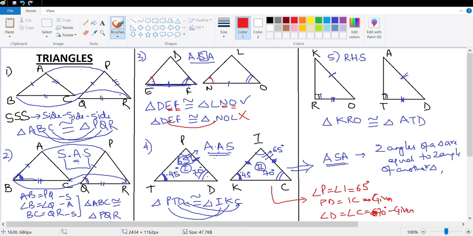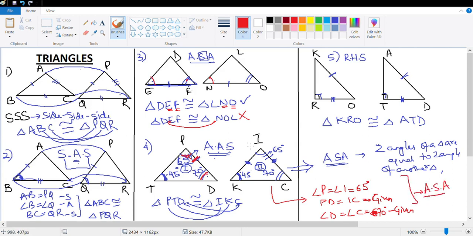Now what does this turn into? Now this turns into angle side angle. The side is between the two. This is the included side between two angles. So that's why this also now turns into angle side angle.